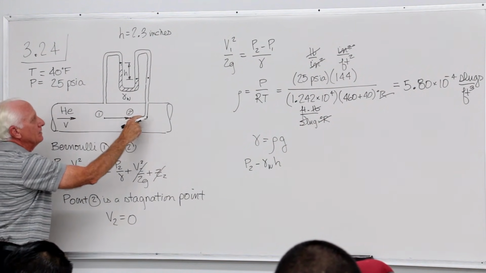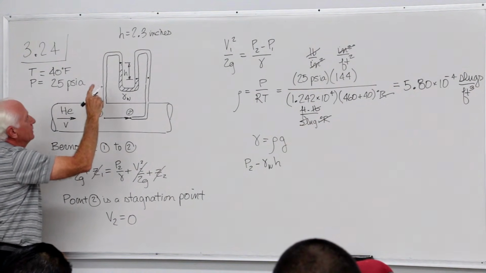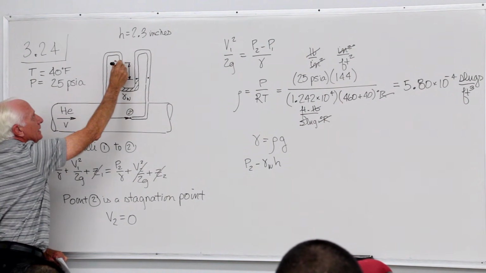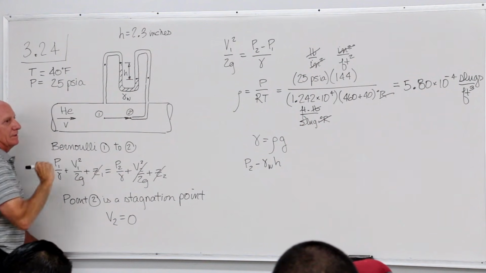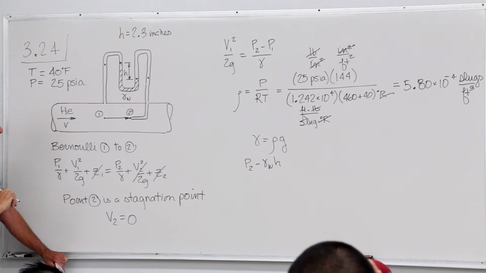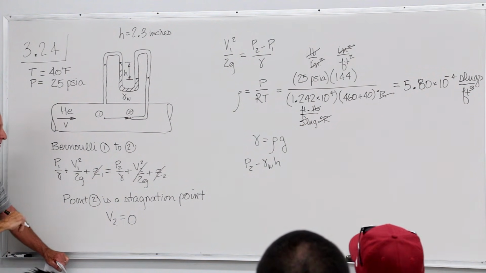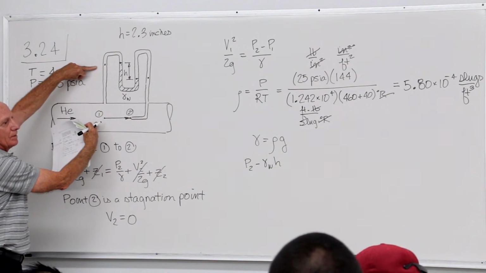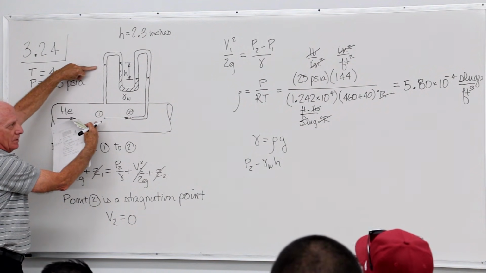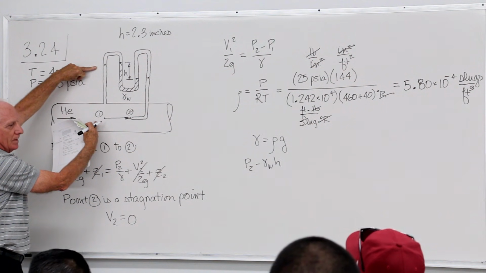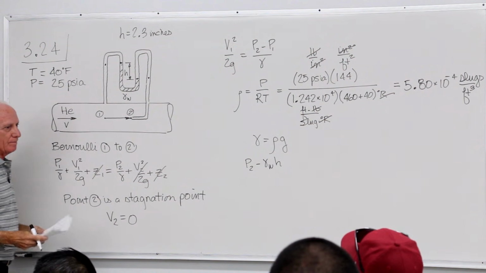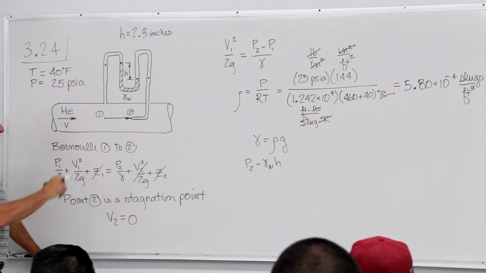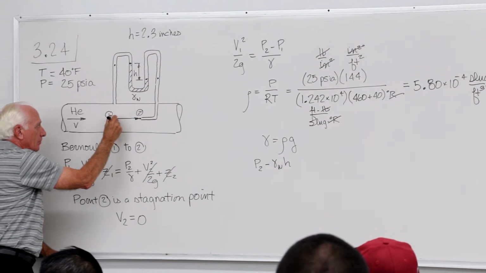Nothing moves in that tube. That's the same pressure there in helium as it is there in helium. Now I go down to helium, plus gamma helium times this distance. I'm going to neglect it, because I know the density of helium is much, much less than the density of water. And that's equal to P1.